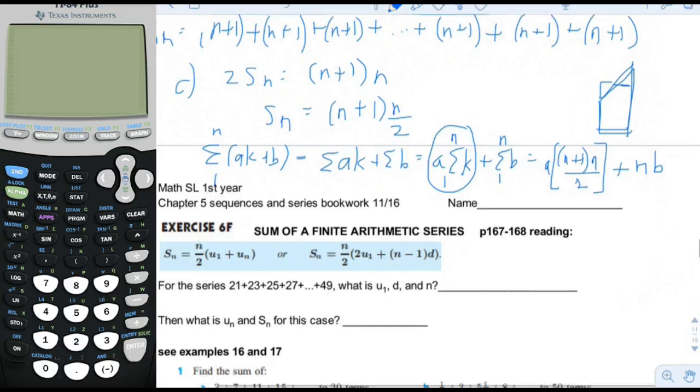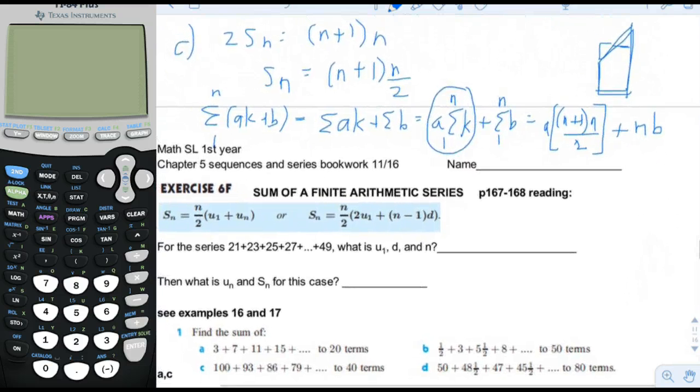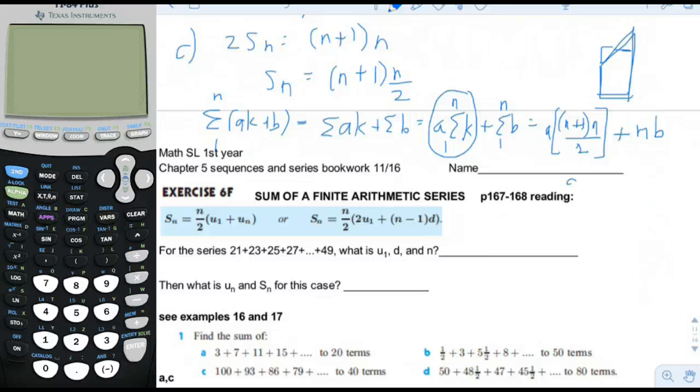So now we're going to have an squared plus an plus bn, and this is divided by 2, and this is divided by 2. So now we have a over 2 times n squared plus a over 2 plus b times n.